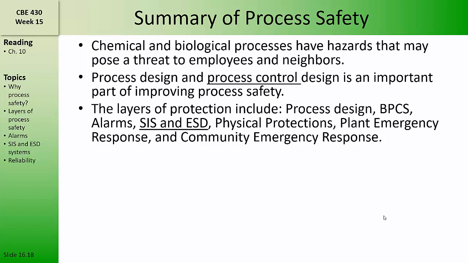These include the process design, which can be done so as to minimize hazards, the basic process control system, which helps to ensure that continuous processes are operating within their design conditions, alarms that alert operating personnel when process conditions are outside the design conditions, safety instrumented and emergency shutdown systems, which are designed to take over the shutdown or sometimes the startup of components of a process to prevent hazardous situations or to prevent damage to equipment.